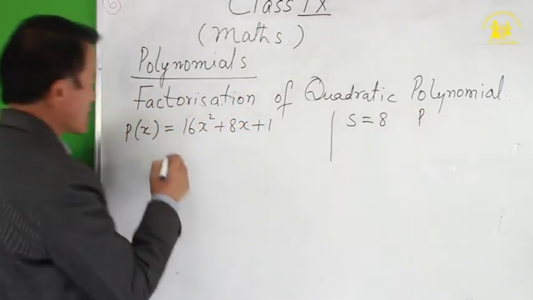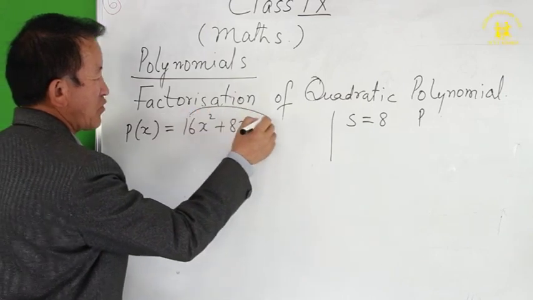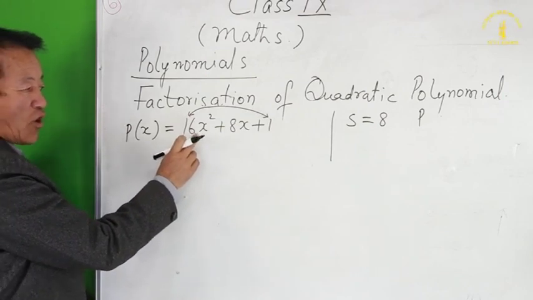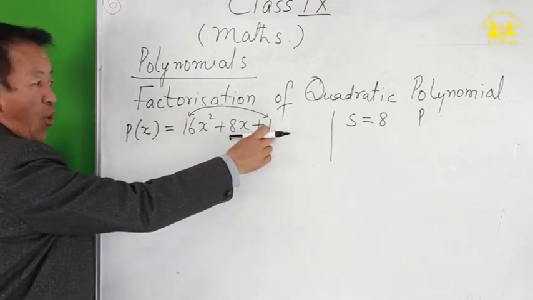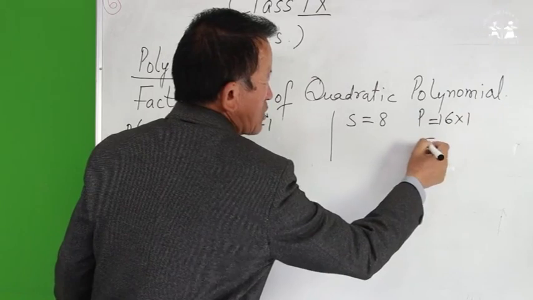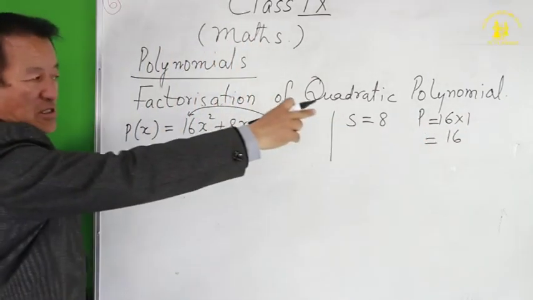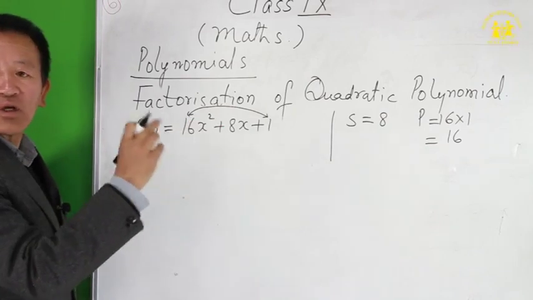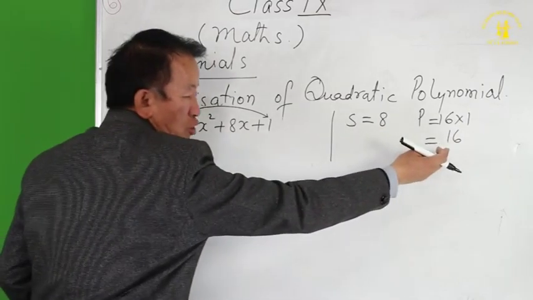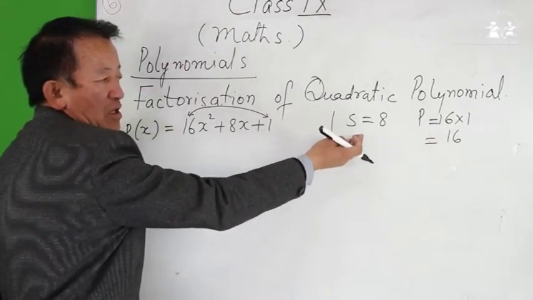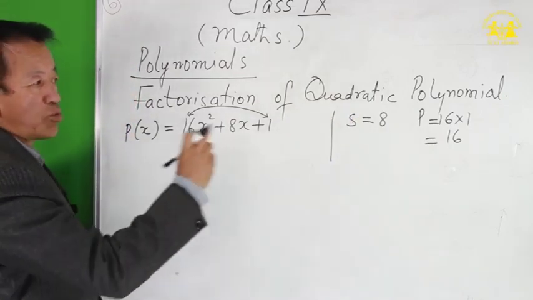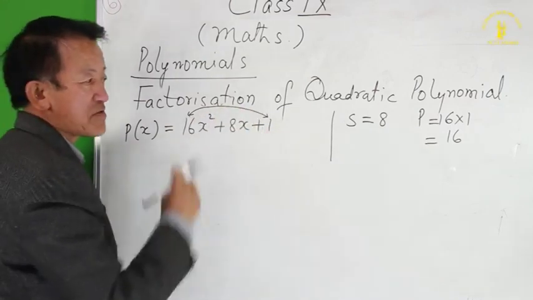In this case, we have to take the product of the coefficient of 16x squared and the constant term 1. So 16 into 1, 16 ones are 16. Since the sign of the product is positive, we can conclude that the two numbers will have the same sign. We can see from the sign of the sum, the sign is plus. So both the numbers should have positive sign.